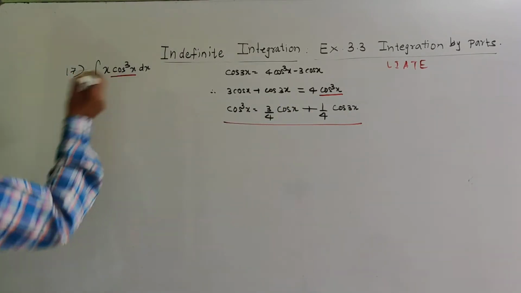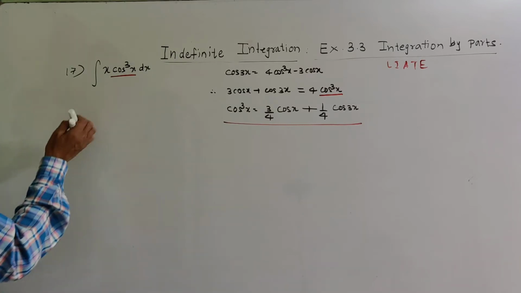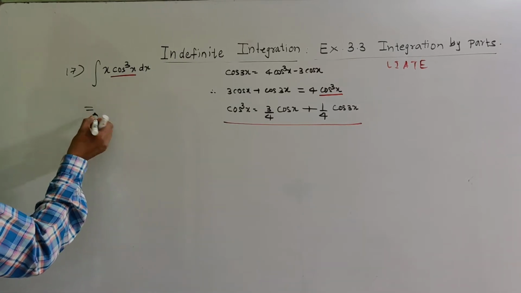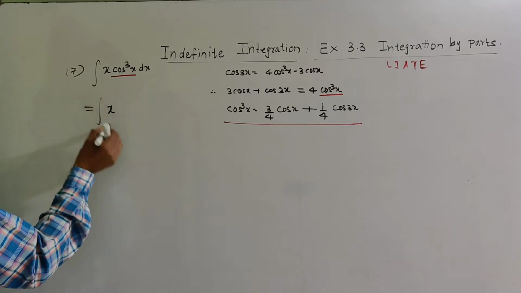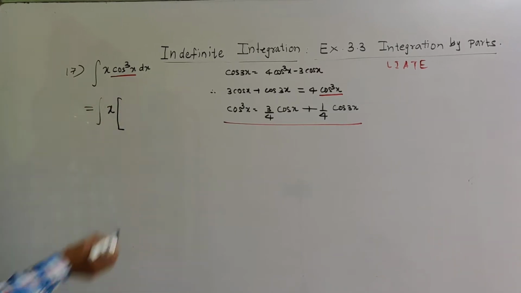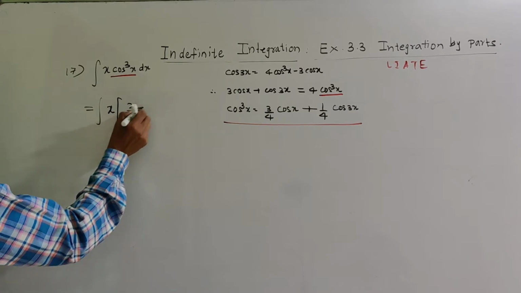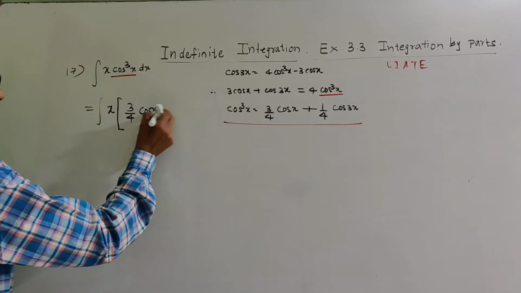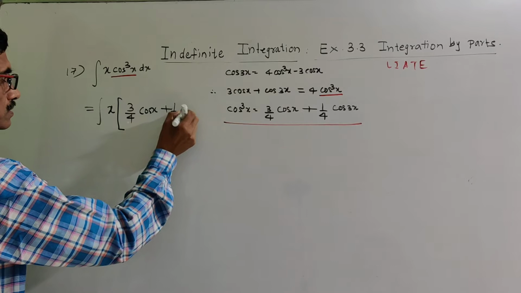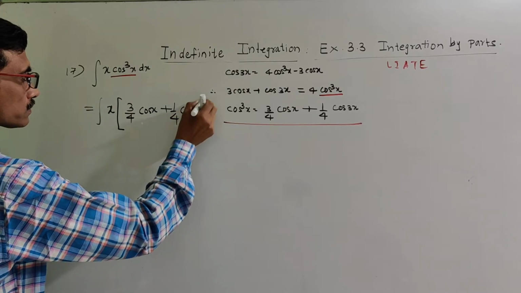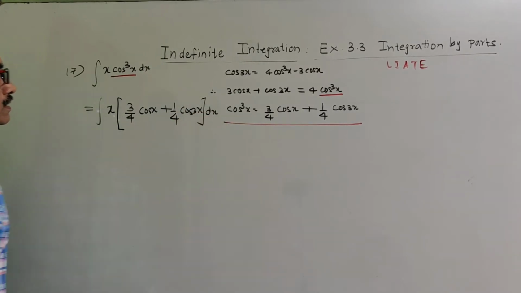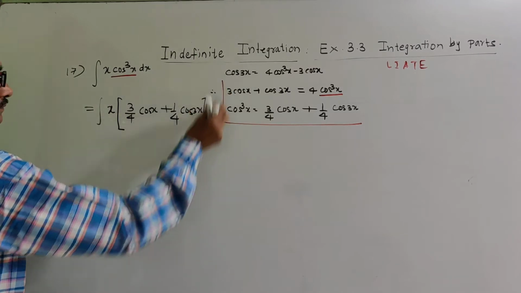So in place of this cos cube x we write here, it is x into this whole term, 3 by 4 cos x plus 1 by 4 cos 3x dx, and separate the integral.